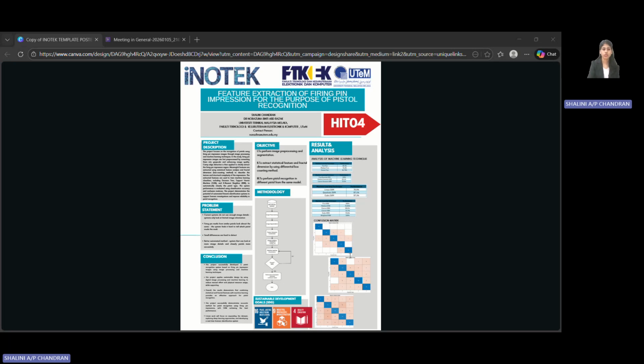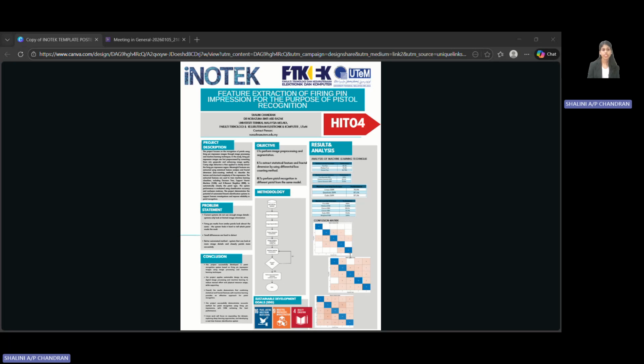For model 2, the SVM, we see very strong dark blue, which means almost all pistols are classified correctly with very few mistakes. The cubic SVM shows the best performance.